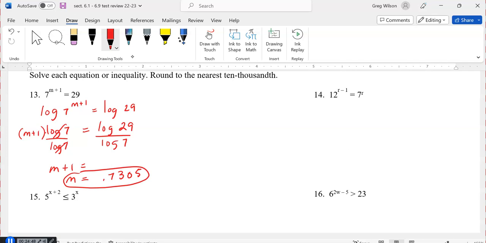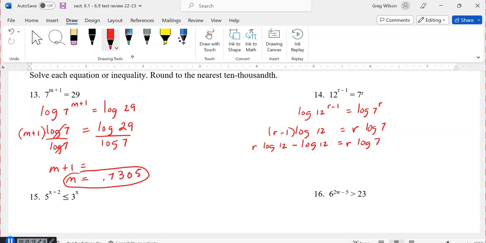All right, next one, same process, log on both sides. This time I've got r on both sides of the equation, so we'll do the power property on both sides. And I'm going to have to distribute log 12 to both of these, r and -1.